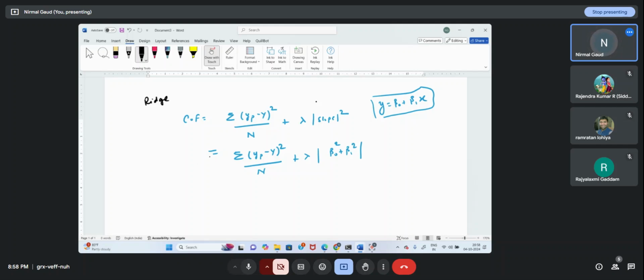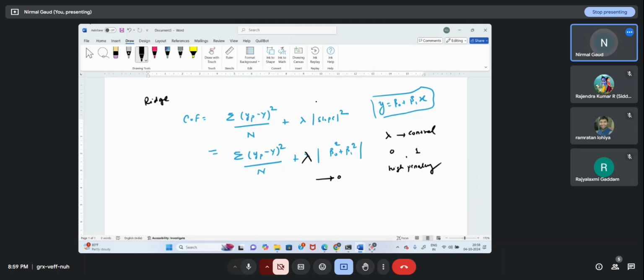So this is your cost function for ridge, and everything can be controlled by lambda. If it is 0, then it is like linear, and if it is 1, that means high penalty. Because of high penalty, it may happen that your coefficient may tend to 0.